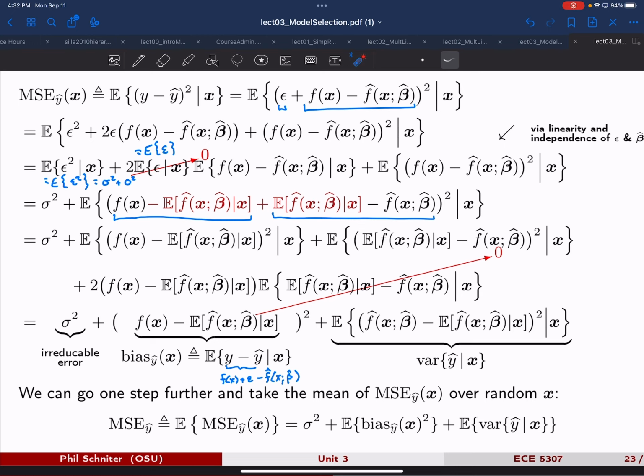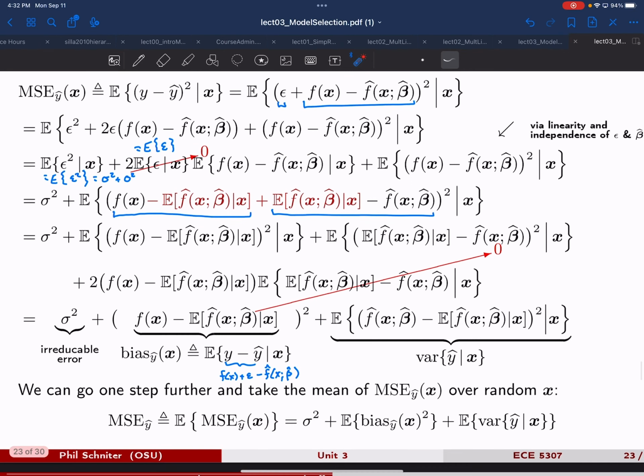Okay, so this might seem like a lot of math. This mean squared error is all about what happens for a very specific feature vector x. You may not really care about a specific feature vector. You just want to know how good your model is going to be on average when you use it after you design it. Then you need to average over all the possible x's that you expect to see. That would be just the mean squared error without any x's.